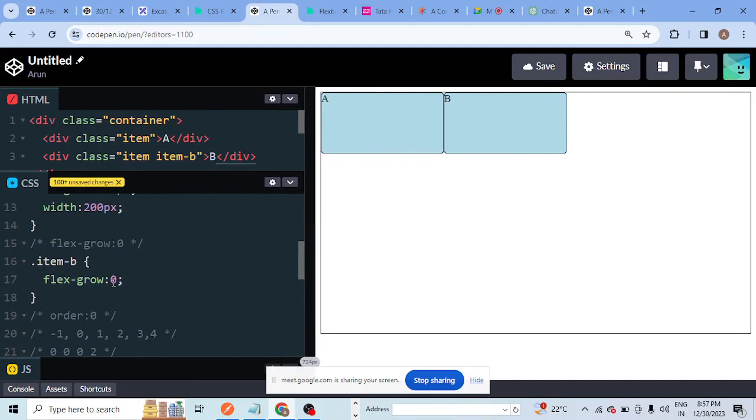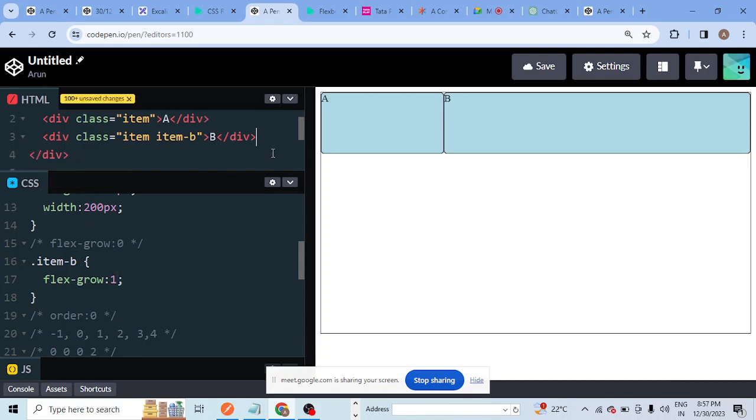But when you make it grow, then it will occupy the remaining space. Getting what I'm saying? It will occupy remaining space. But what happens if I have another item also with flex grow 1? Let's see that case.